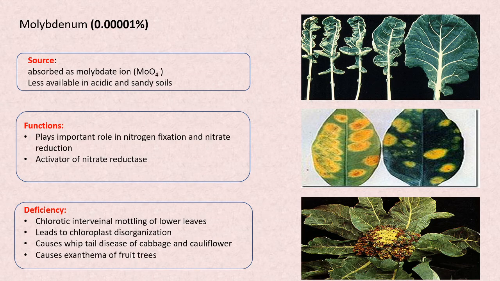And what are the functions? It has an important role in nitrogen fixation and nitrate reduction, and it is an activator of the nitrate reductase enzyme. Deficiency of molybdenum leads to a drop in the concentration of ascorbic acid.